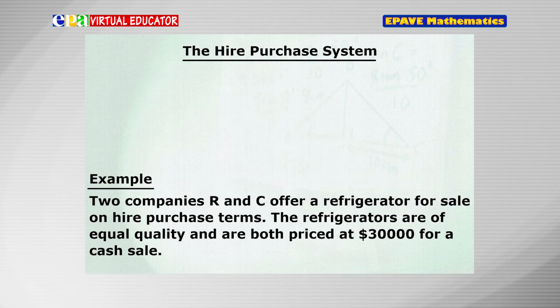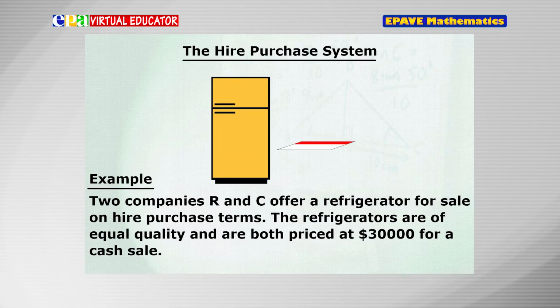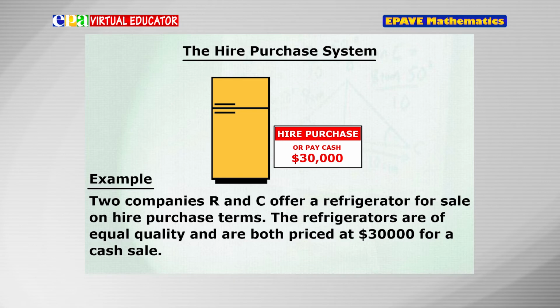Let's consider another example. Two companies, R and C, offer a refrigerator for sale on hire purchase terms. The refrigerators are of equal quality and are both priced at $30,000 for a cash sale.